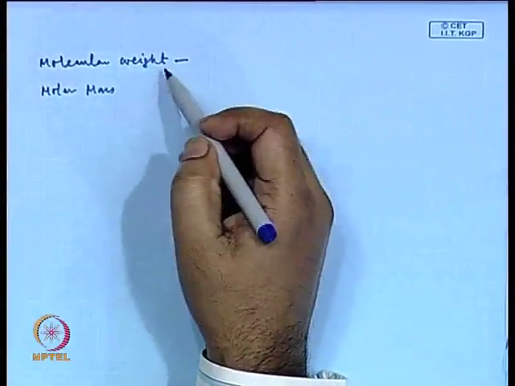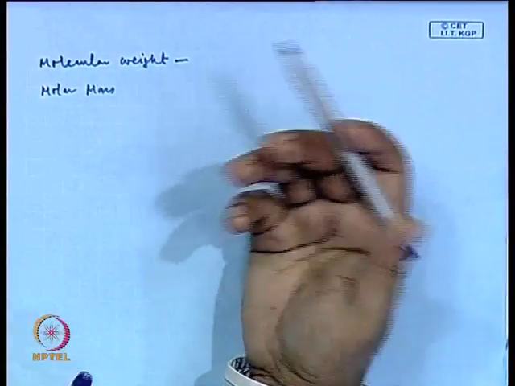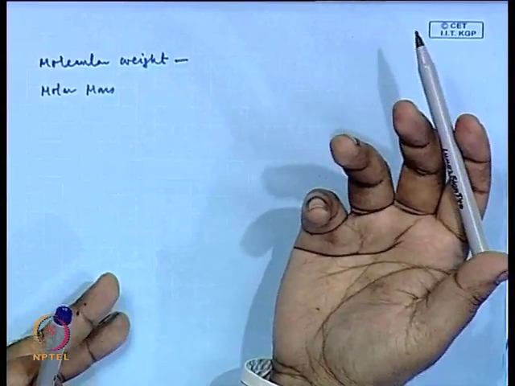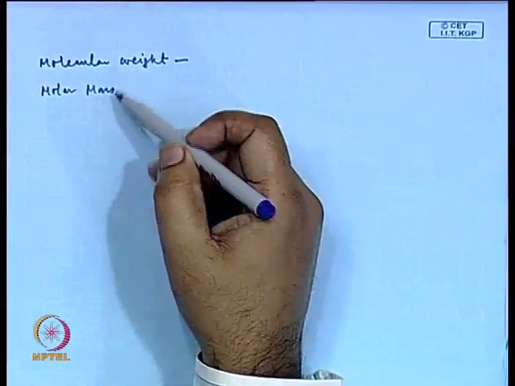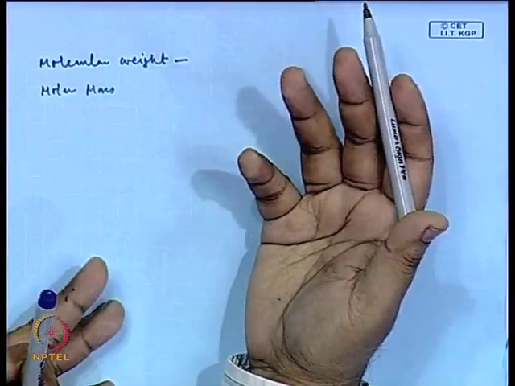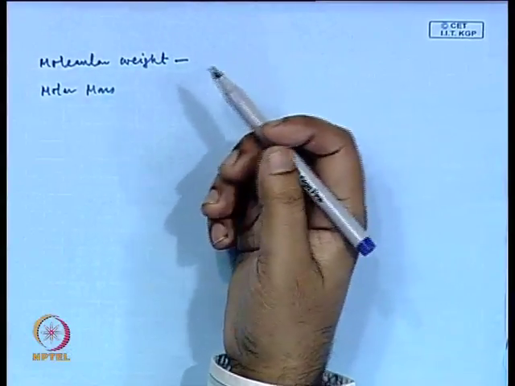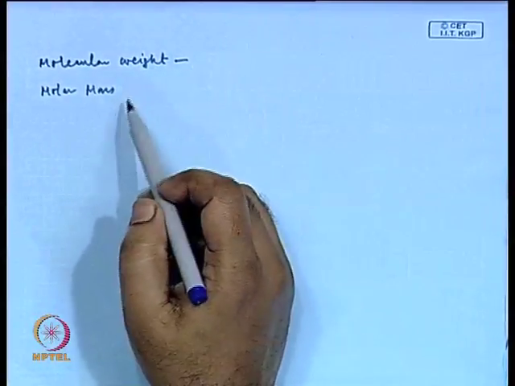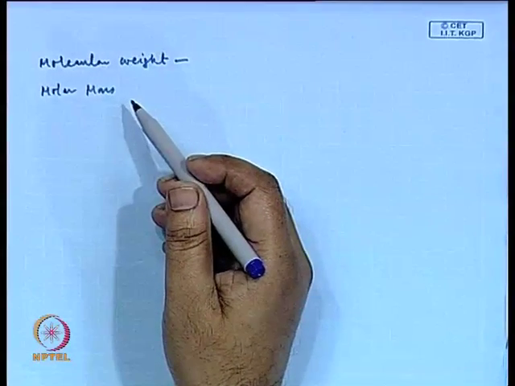Molecular weights are unitless, whereas molar mass has a unit, gram per mole or kg per mole, typically gram per mole. In this course we will use both the terms, molecular weight and molar mass, and as they are almost the same, as long as you remember the meaning, you can use them independently.